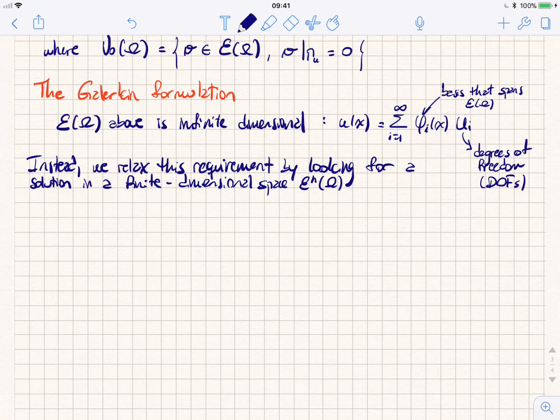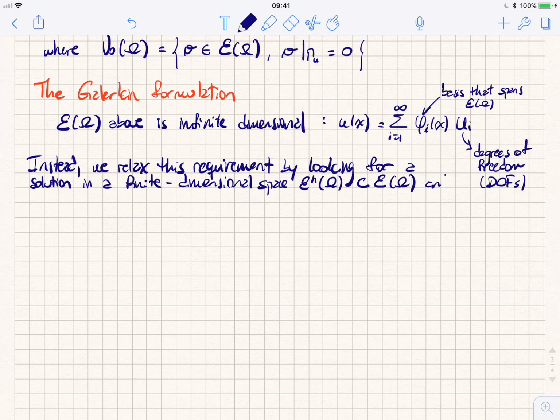Some combination of those functions are going to give you the exact solution. Yeah. And so this E^h is basically a subset of E.